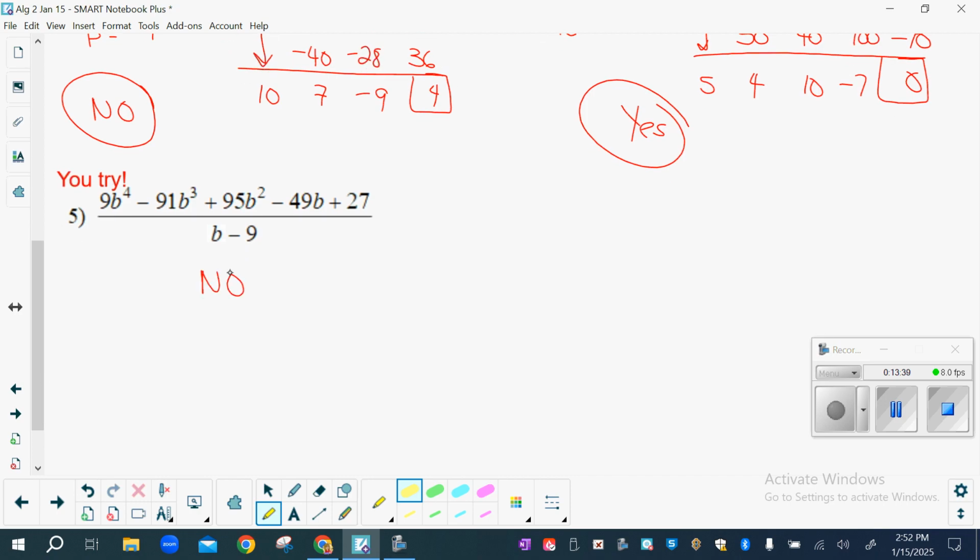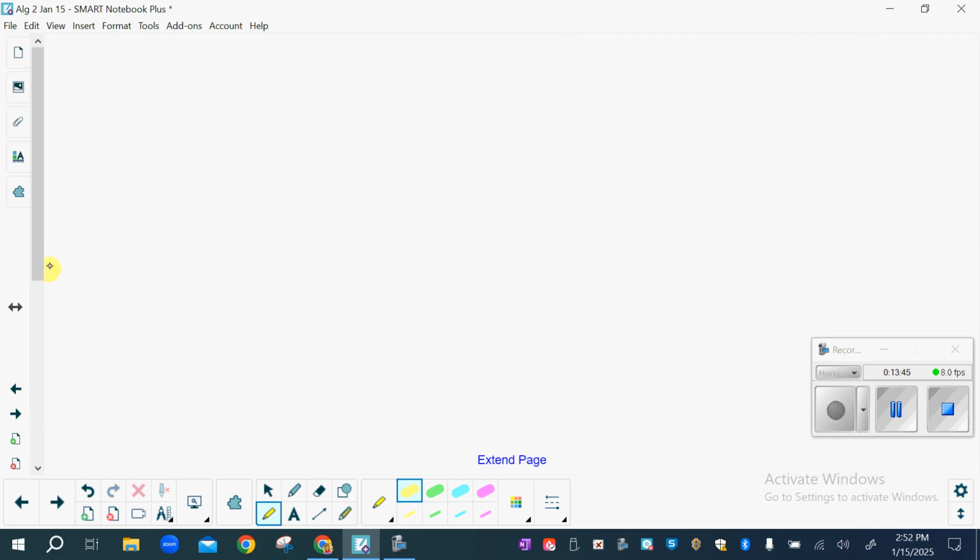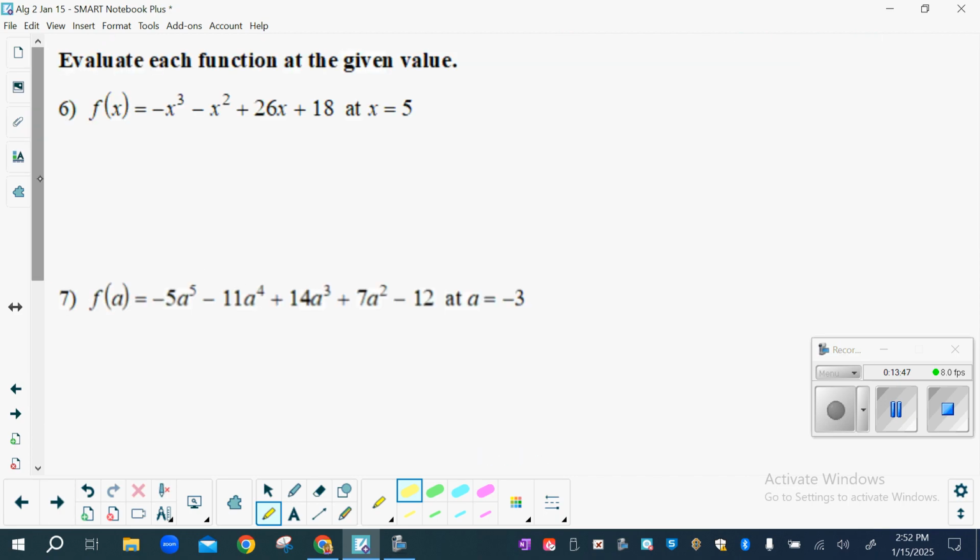So your answer should be no on that. Two more examples, a little different. Okay, we want to evaluate. Another way of saying y, but it's f of x, which is what? What is f of x?